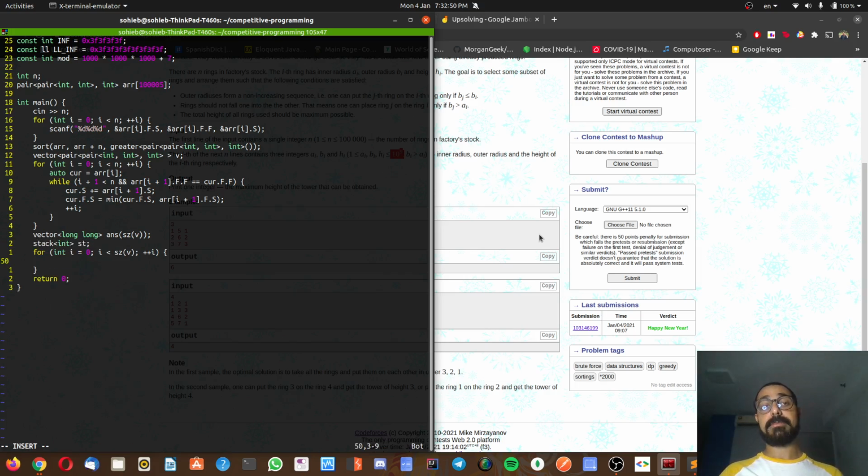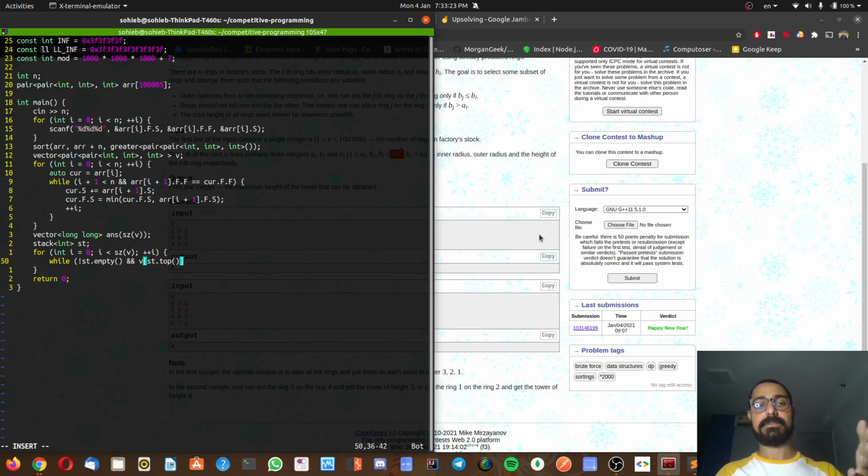For every element, we will keep removing the element from the stack that's not an answer, and once I hit one which is an answer, I will keep it, and that's the first ring to my left, or like previous ring I can be stacked on. So while the stack is not empty, at the same time it should be v of st top.